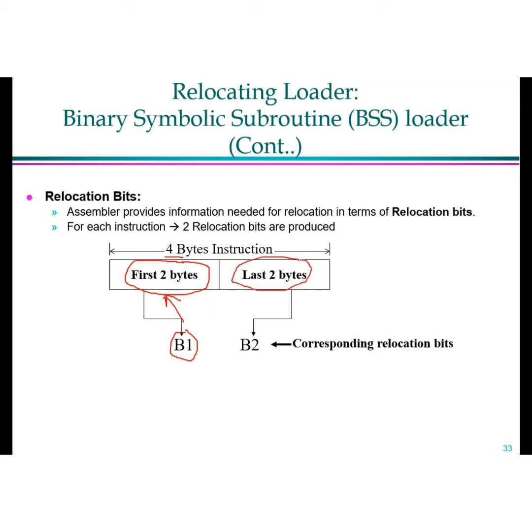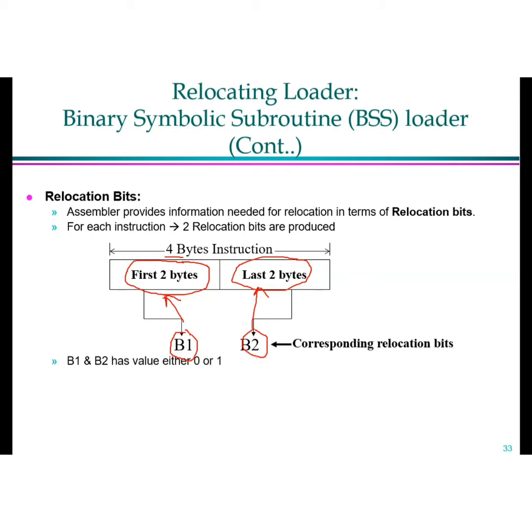And for the last 2 bytes, the second bit B2 is allocated. It will identify whether you require relocation in the last half or not. B1 can have value 0 or 1, and B2 can have value 0 or 1. So with this combination, your relocation bits can be 00, 01, 10, 11. So 4 possibilities are there.